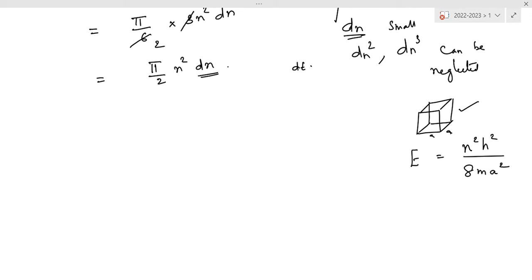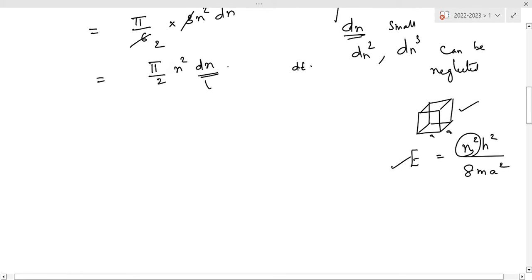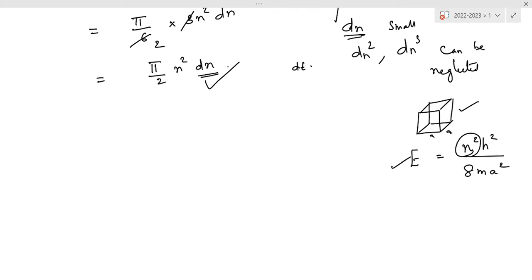I am going to rearrange this formula. N square is kept on one side because in this formula we have n, only n and n square dn in this way. Therefore n square is taken on one side and the remaining is rearranged as 8ma square E divided by h square.